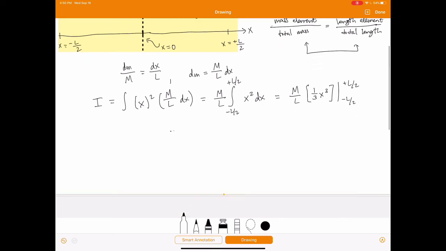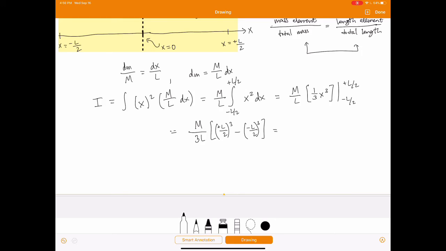So we have M divided by 3L. Let's just pull the 3 out to the front also. And then when I plug in the top limit, which is positive L over 2, and then cube that, I have to subtract from that the bottom limit, which is minus L over 2, and then cube that as well.